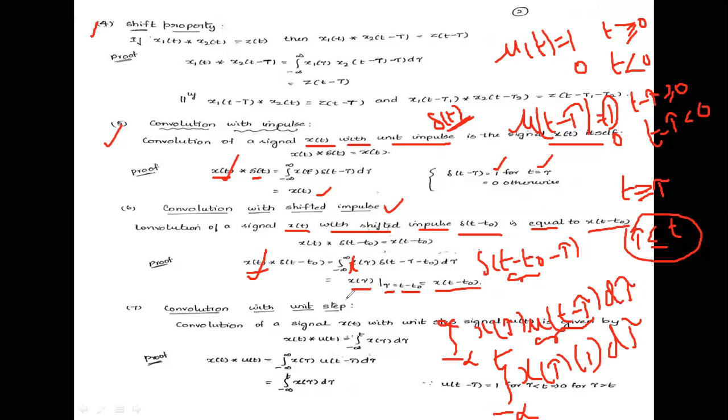So the convolution with the unit step, x of t convolved with mu of t, is the integral from minus infinity to t of x of tau d tau. Got it, my students?